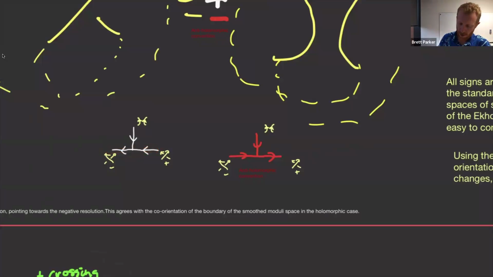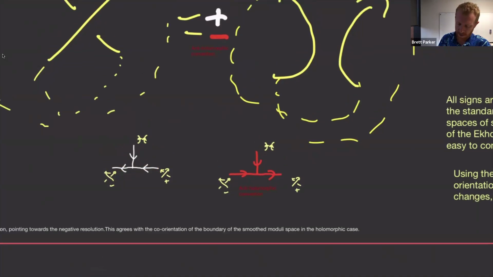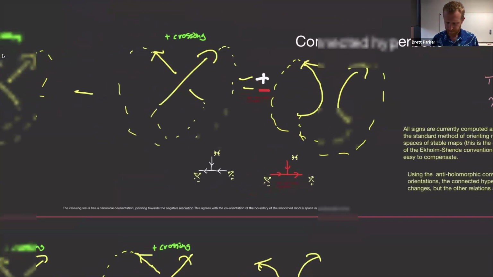Okay, so in this case, I think the holomorphic convention gives one relationship between the orientations like this, and the anti-holomorphic convention gives a different relationship between the orientations like this. And somehow, for invariant counts of curves, it's very important that all the orientations are correct.